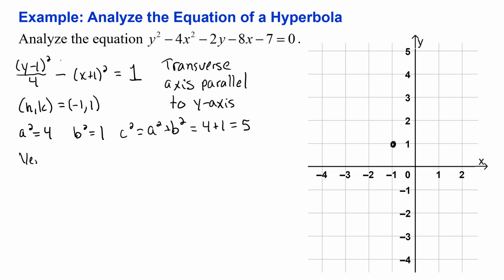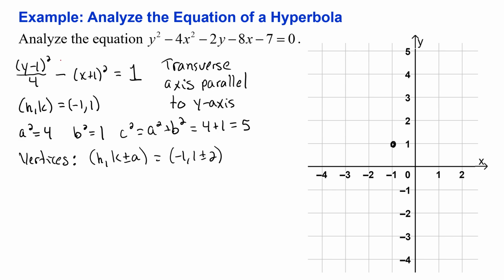Now let's go ahead and determine the vertices. The vertices are a distance of a units from the center along the transverse axis. Since a² equals 4, then a equals 2. Since the transverse axis is parallel to the y-axis, the vertices are a vertical distance of a from the center and lie at the points (h, k ± a), which is (-1, 1 ± 2).